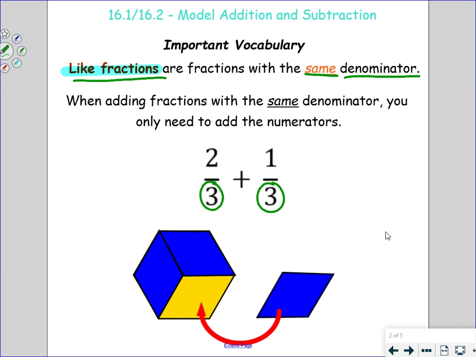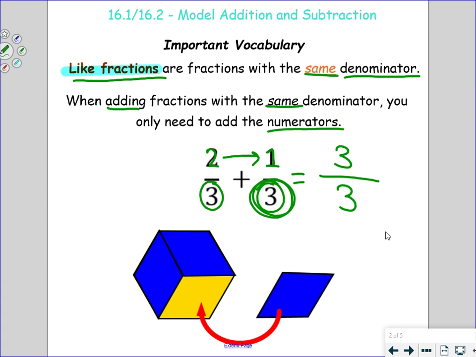When adding fractions with the same denominators, you only need to add the numerators, and the denominator stays the same. So if you look up here, we have 2 plus 1. 2 plus 1 is 3, and our denominator stays the same. So 2/3 plus 1/3 equals 3/3.